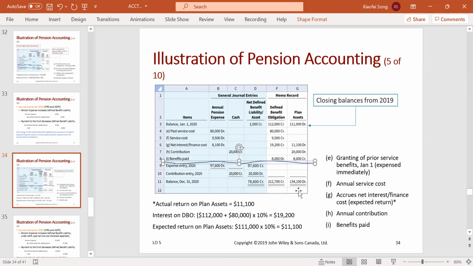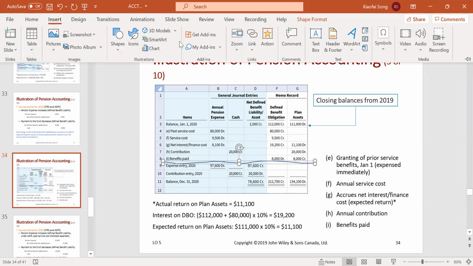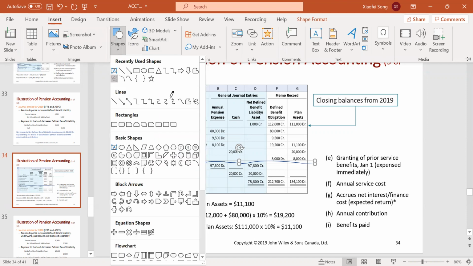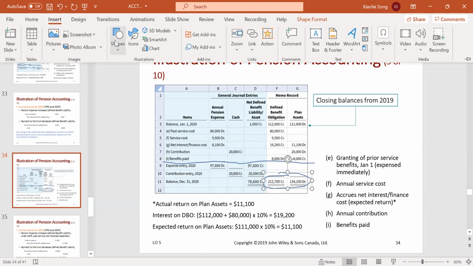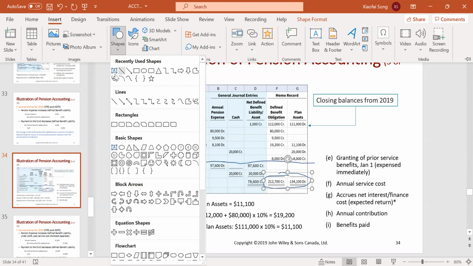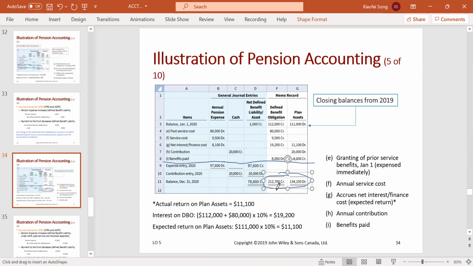And the difference between these two has to be the deficit that's going to be shown on the balance sheet. The difference of these two happens to be this amount.